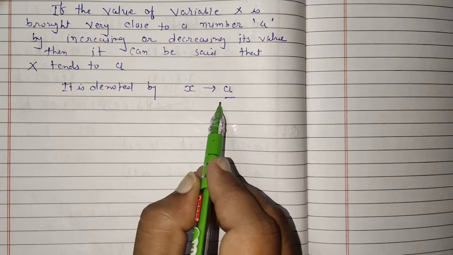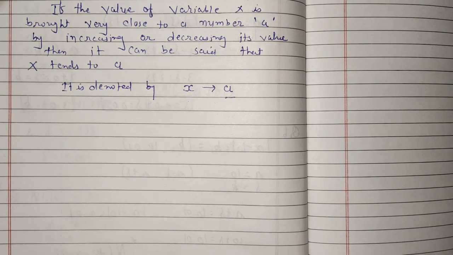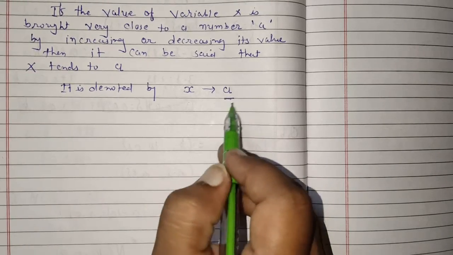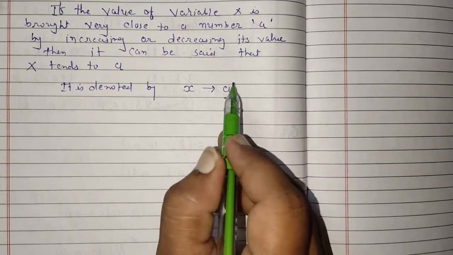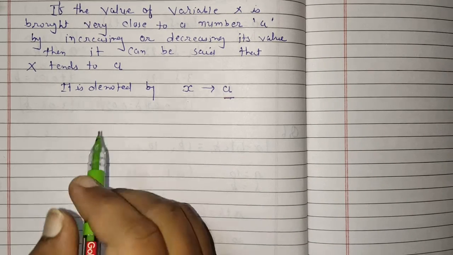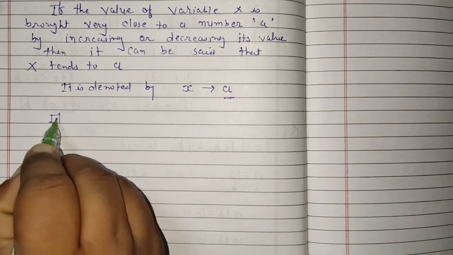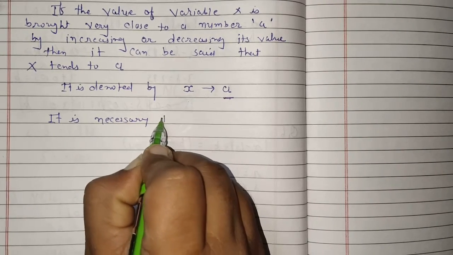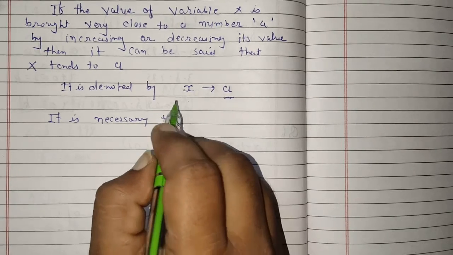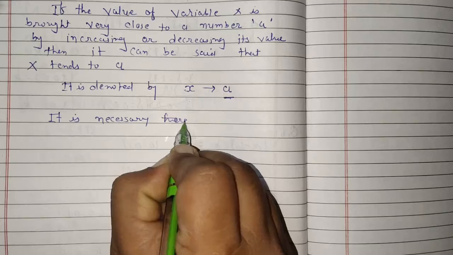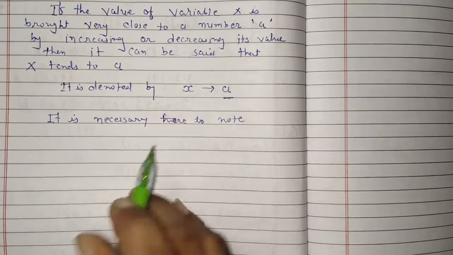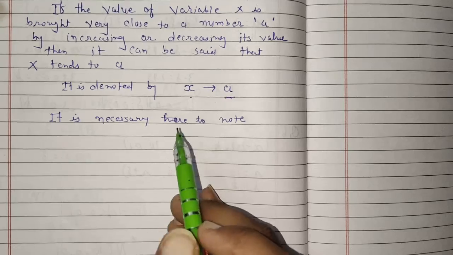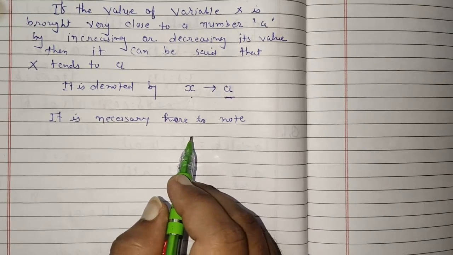It means x approaches a but is not exactly a. That means we are increasing and decreasing the variable x to bring it nearer to 1, but not the exact particular value, because for the exact particular value it is indeterminate. So it is necessary here to note, again I am repeating, that the value of x is not exactly a, but we are bringing it nearer to a.